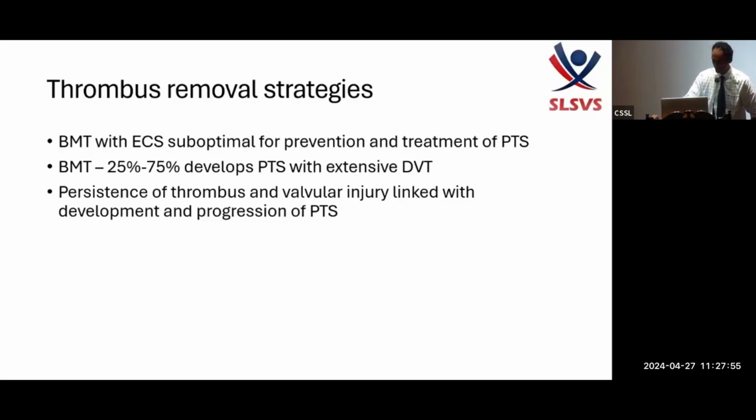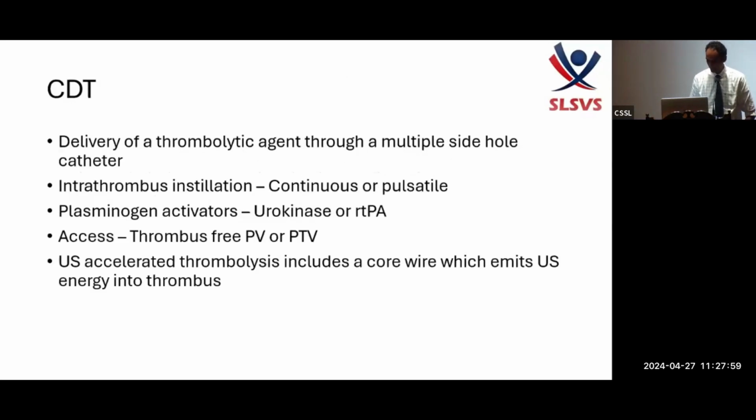So the thrombus removal strategies, as discussed, are the catheter-directed thrombolysis is the main technique of getting thrombolysis. What we do is we deliver a thrombolytic agent through the multiple side hole catheter.